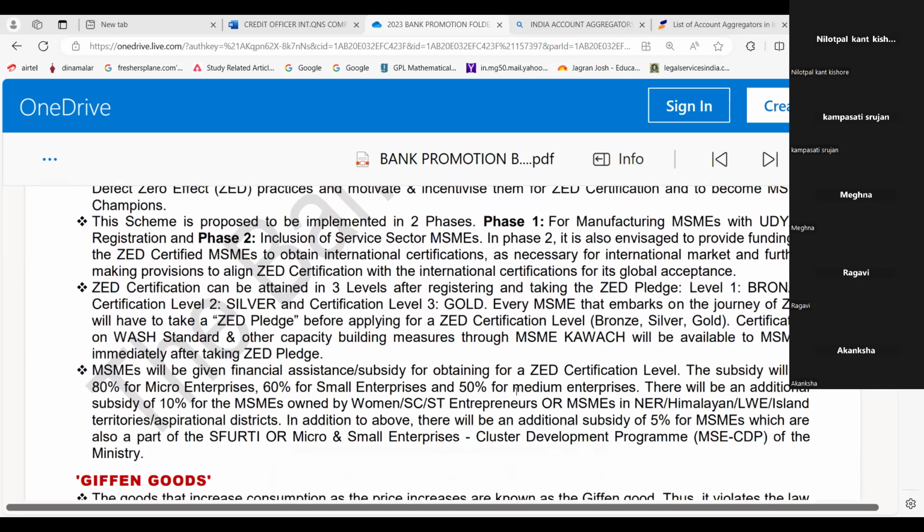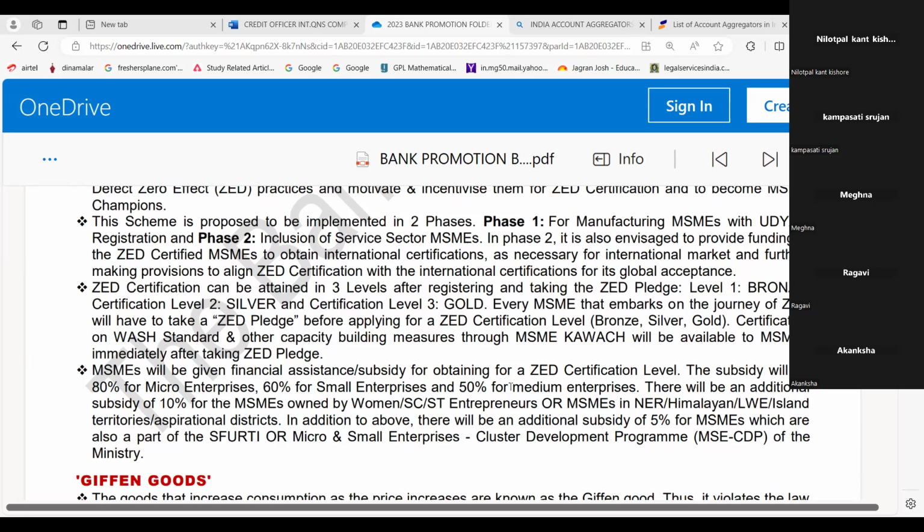Level 1 bronze, level 2 silver, and level 3 gold. Every MSME that embarks on the journey of Z will have to take a Z pledge before applying for a Z certification level. Bronze, silver, or gold certification on WASH standard and other capacity building measures through MSME coverage will be available to MSMEs immediately after taking the Z pledge.